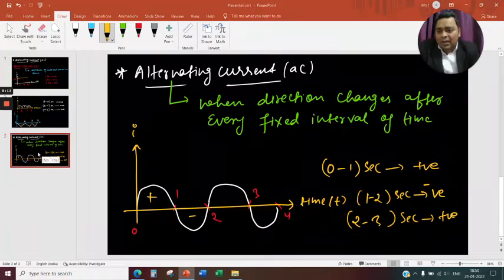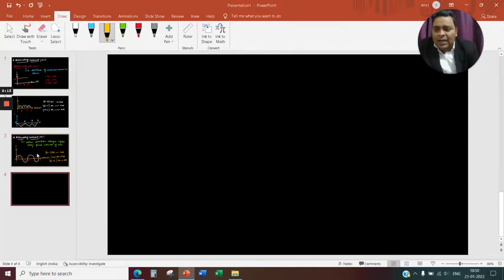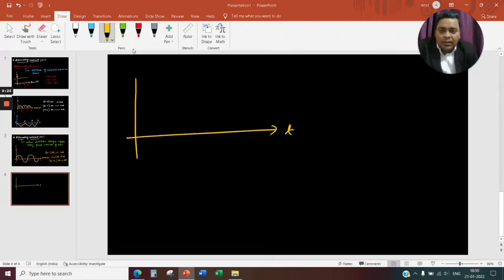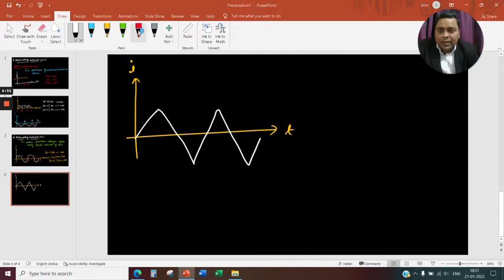Now again, one more point here. Alternating current doesn't mean that it is purely sine curve or sinusoidal curve. It can be triangular also. For example, here, suppose time on the x-axis and current on the y-axis, and we are getting this graph. Now see again, positive current, negative current, positive current, and negative current.